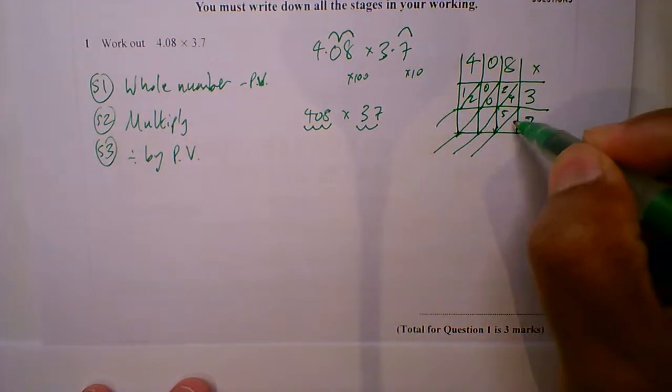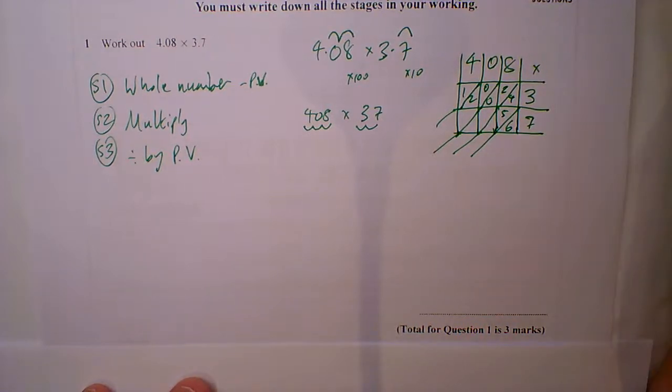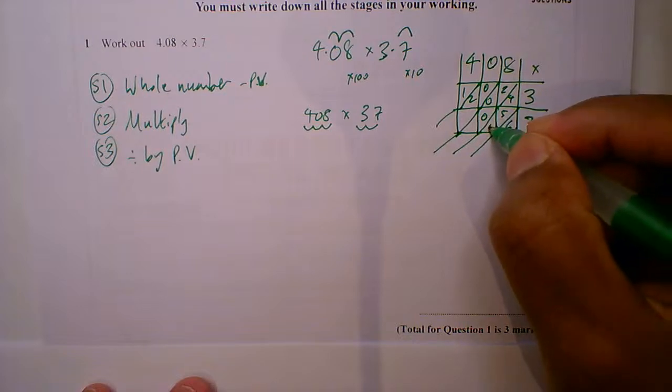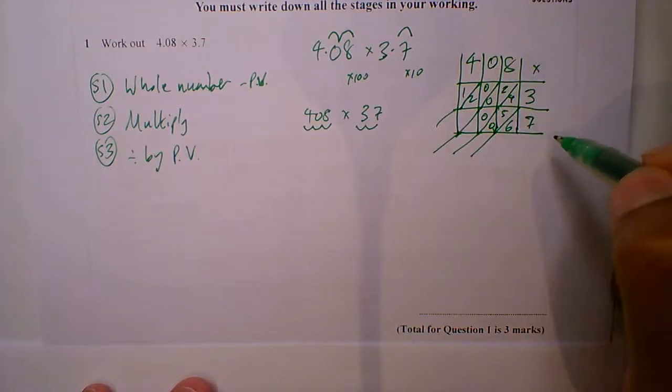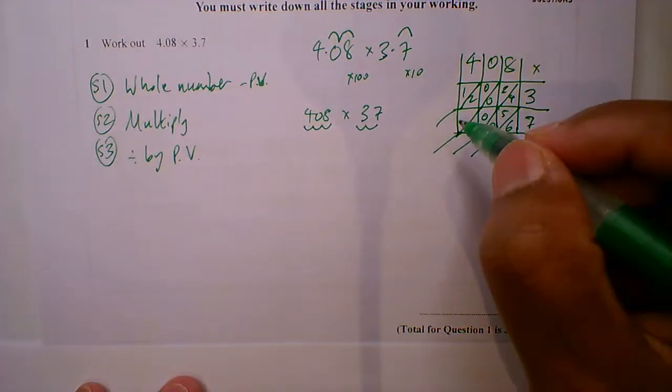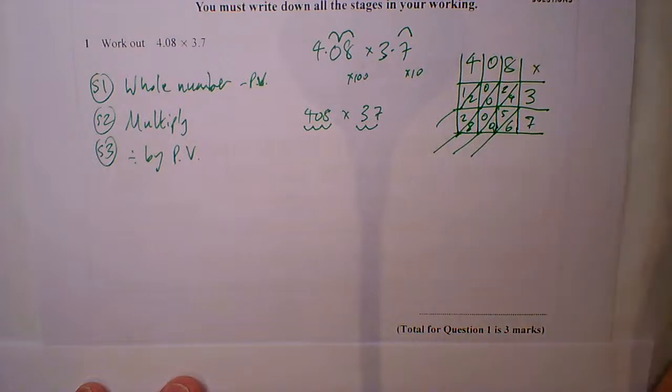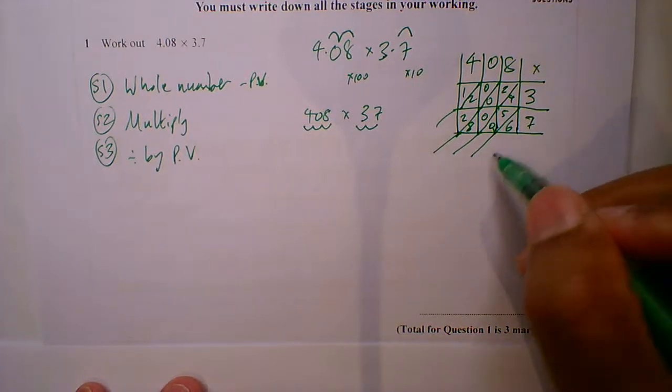For a second, my brain went blank. 0 times 7 is 0. 4 times 7, 7, 14, 21, 28. 28, there we are. Okay, and now I add diagonally.